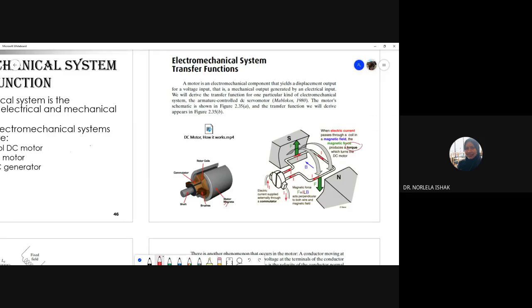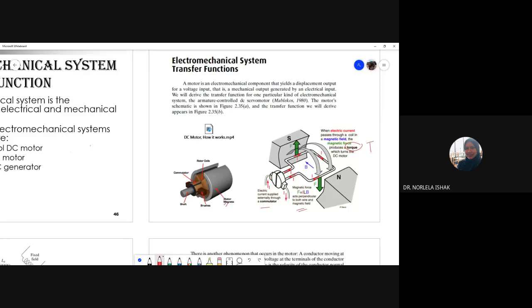We have torque, meaning torque we label with T. And magnetic force F equal to ILB, acting perpendicular to both wire and magnetic field. And how about here? Electric current is supplied internally through a commutator.